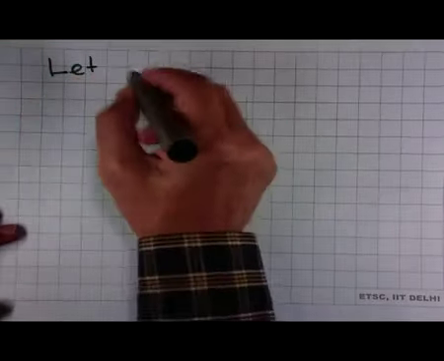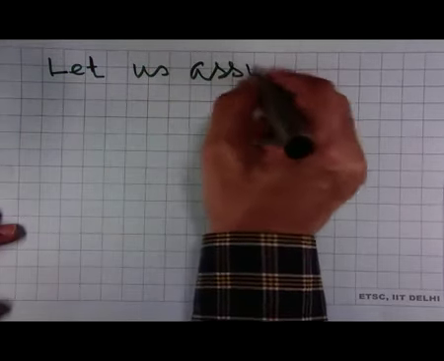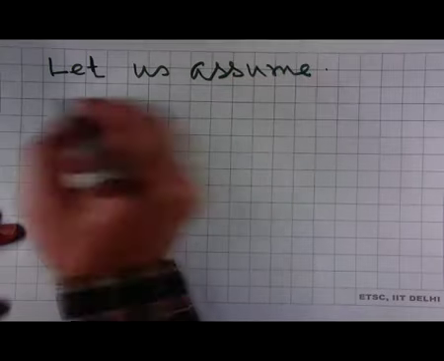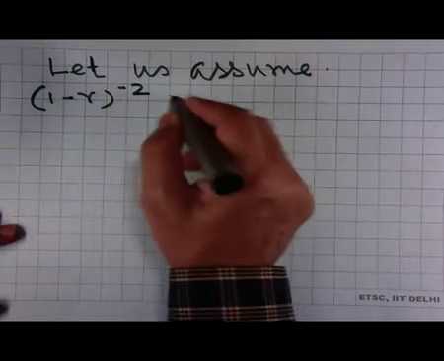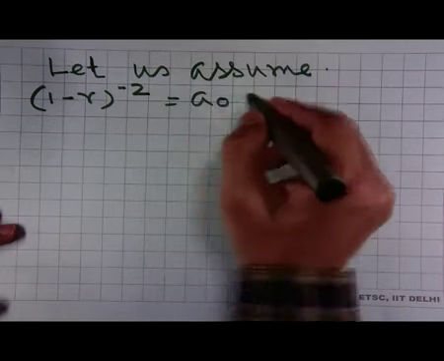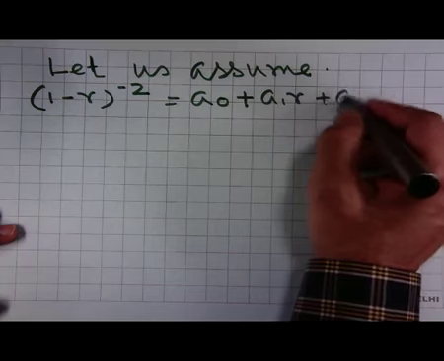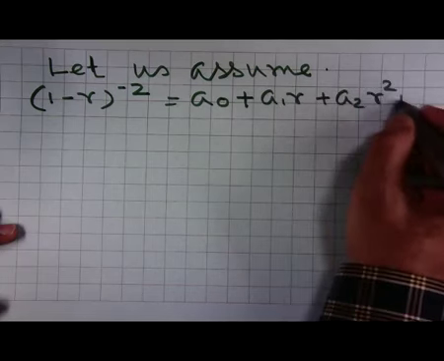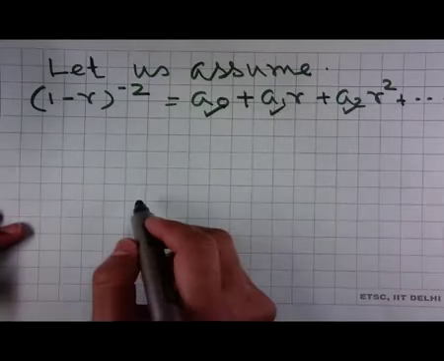Let us assume (1 minus r) whole to the power minus 2 is equal to a0 plus a1 r plus a2 r square, like that. Our aim is to find these coefficients.